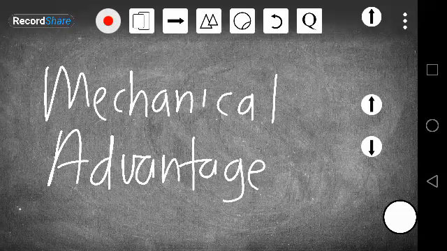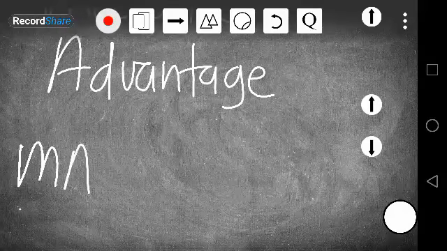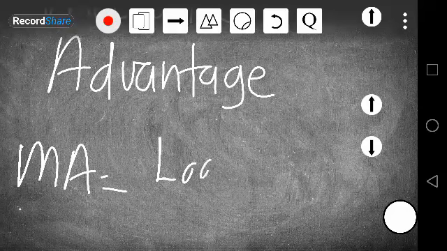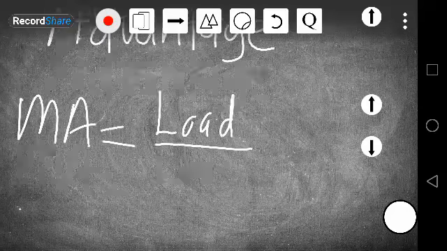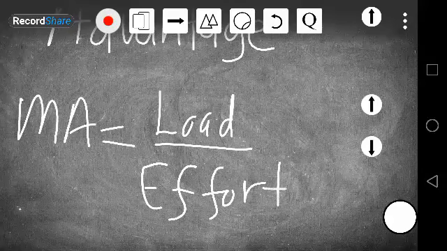It's more like the advantage of a machine in carrying loads or in doing work. Okay? So mechanical advantage, shortened to MA, is equal to the load lifted over the effort applied. Okay? That is the mechanical advantage. And this is how we find the mechanical advantage.